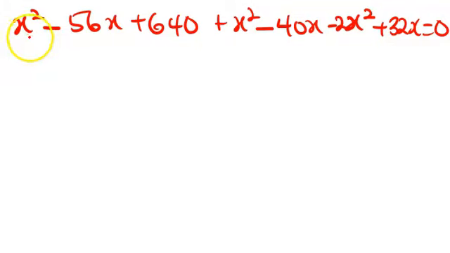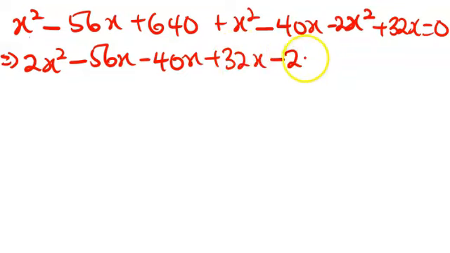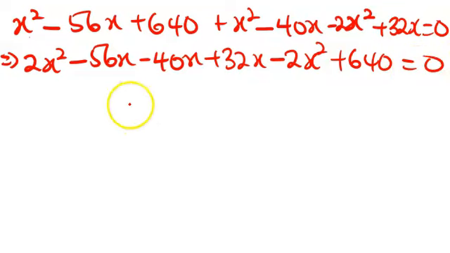Okay, so this x squared plus x squared gives 2x squared, and then minus 56x, then minus 40x plus 32x, minus 2x squared, plus 640 is equal to 0.